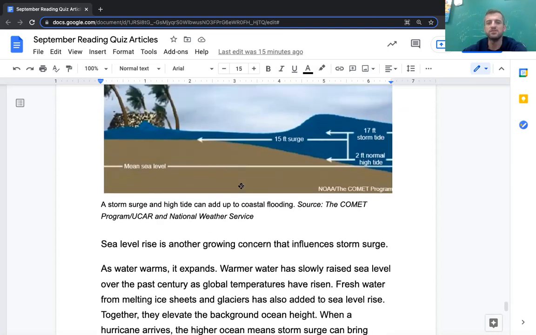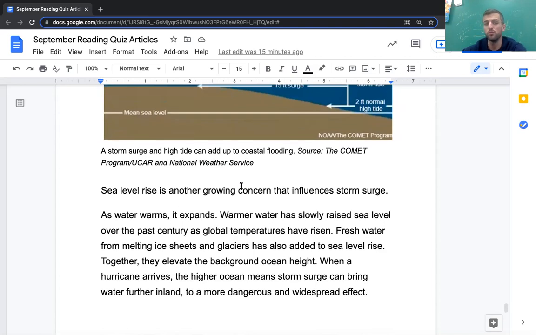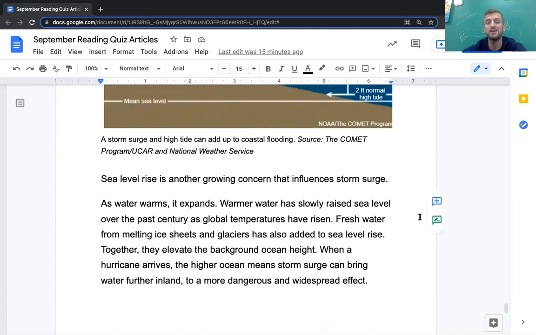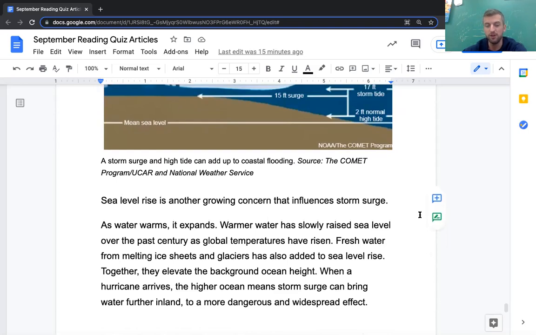Sea level rise is another growing concern that influences storm surge. As water warms, it expands. Warmer water has slowly raised sea level over the past century as global temperatures have risen. Fresh water from melting ice sheets and glaciers has also added to sea level rise.